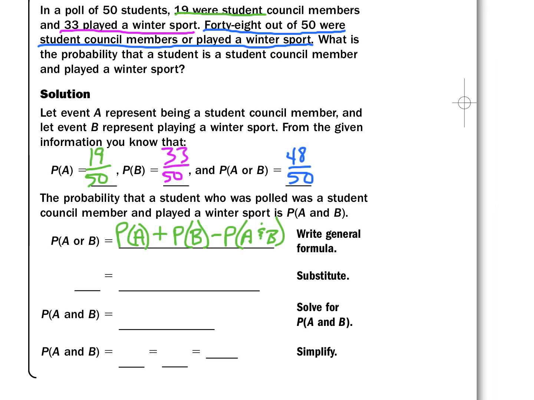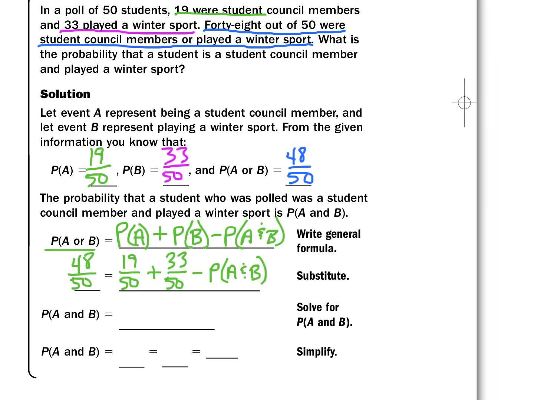We know that the probability of A or B was 48 out of 50, the probability of A is 19 out of 50, the probability of B is 33 out of 50. And we're looking for the probability of A and B.